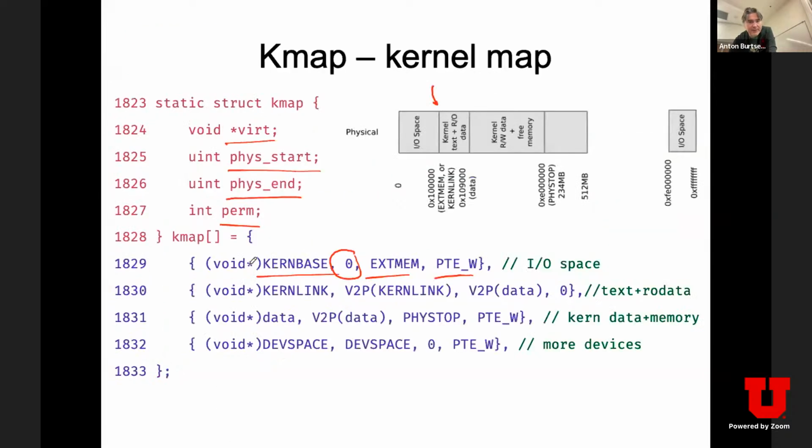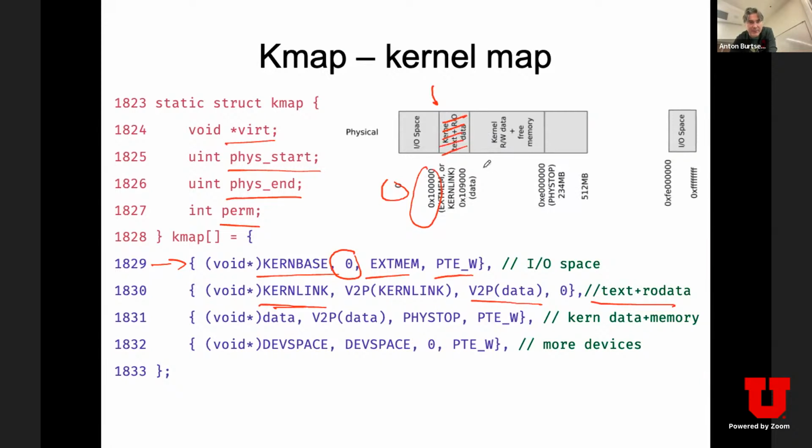No, we're using this kernel map, and the kernel map says, okay, I'm defining 4 regions. First region from 0 to the first megabyte, that's this region. Then from the kernel link, that's the first megabyte, to kernel data, the read-only data, because that's the end of this read-only region.